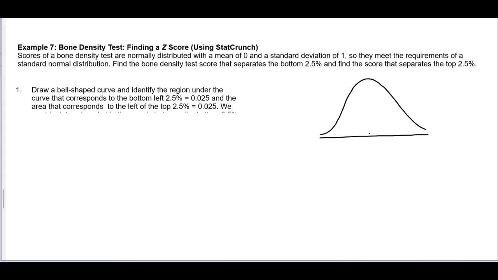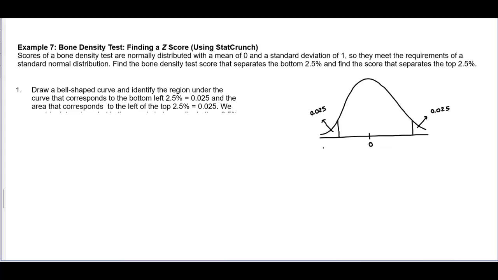Okay, and then what we know here is that in the middle is the mean. And so on the left hand side and the right hand side we have two areas. This area is going to represent 0.025, and this area is going to represent 0.025.